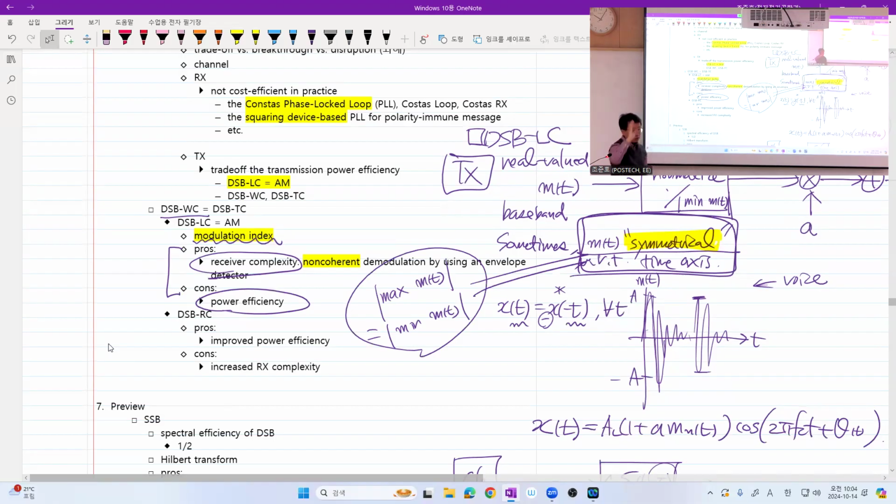So two values with different polarity. And in that case, you have maximum transmission power efficiency of just 50%. And if you have an exact sinusoidal message signal, then even the power efficiency goes down to just 33%. You must be able to derive that, show that.